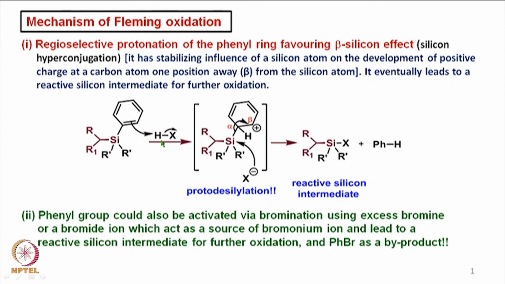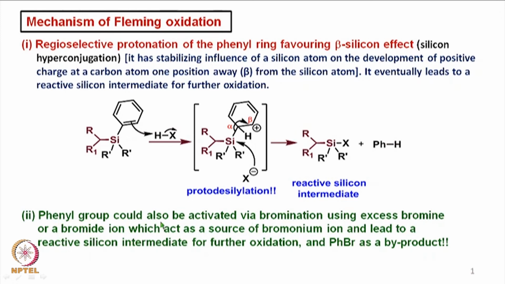Now, in principle, one can use any electrophile in place of H plus and carry out the cleavage of the carbon silicon bond and generate the corresponding aromatic compound. For example, we could also use a source of bromonium ion.